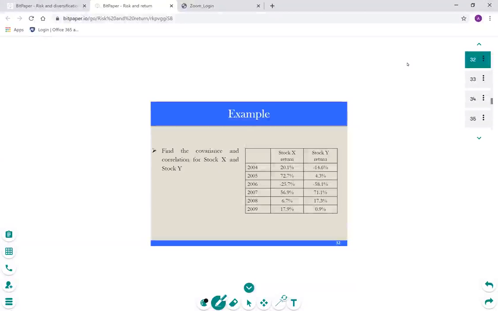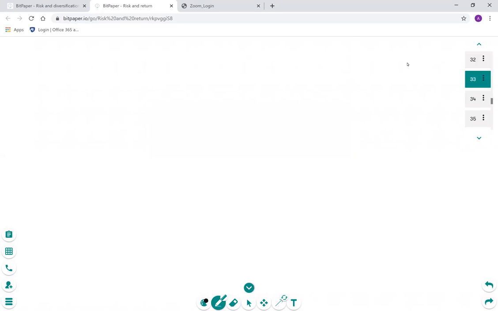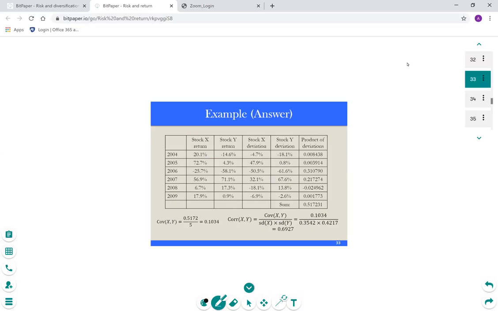So we can apply this process to data. In this case, it's returns from stocks X and Y from 2004 to 2009, different returns for each of those stocks. If we apply just the procedures that we've just been discussing, we can take each of those individual returns.